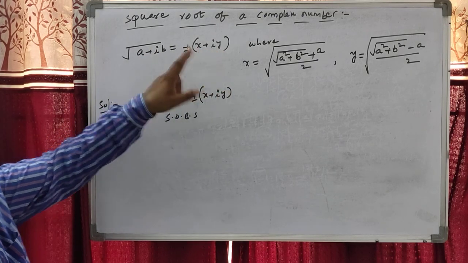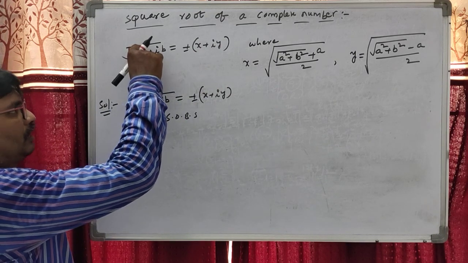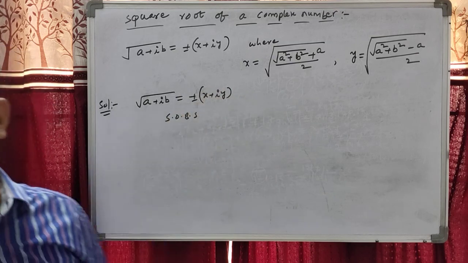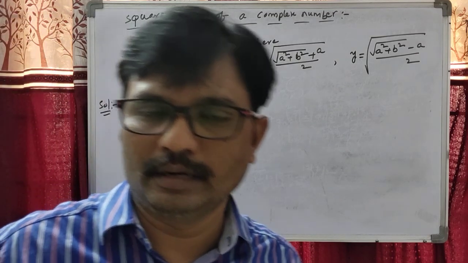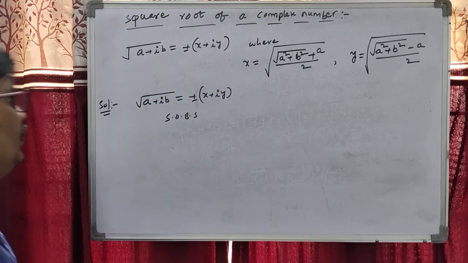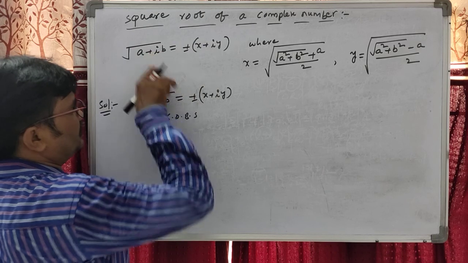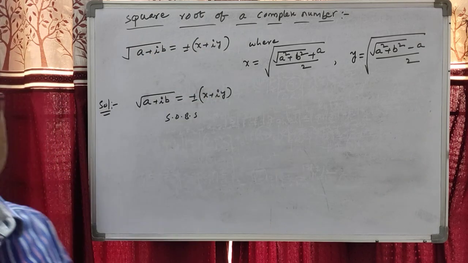Don't depend on a; a may be positive or negative, no problem. If the imaginary part is plus, we take plus; if the imaginary part is minus, we take only minus.